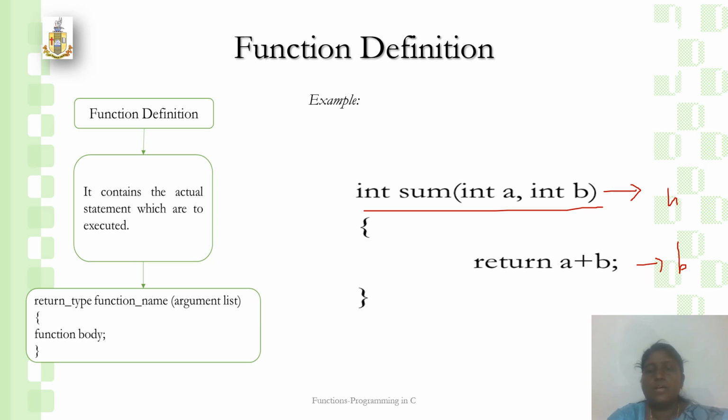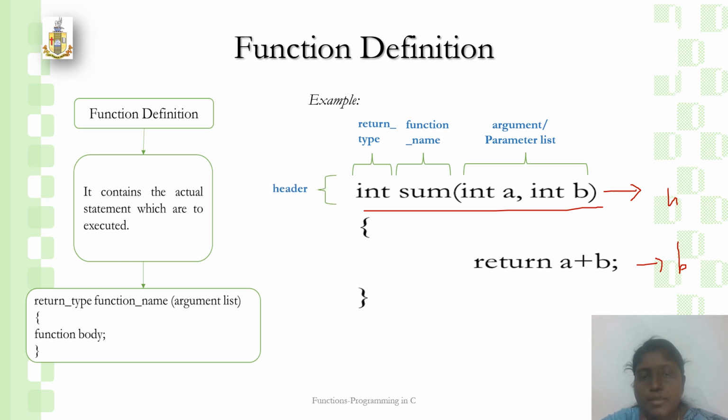So here we are returning. Here in the function definition, the int specifies the return type, sum is the function name, and this is the argument list. This particular part is called the header and this particular part is called the body. The body part specifies what task is to be performed under this function.